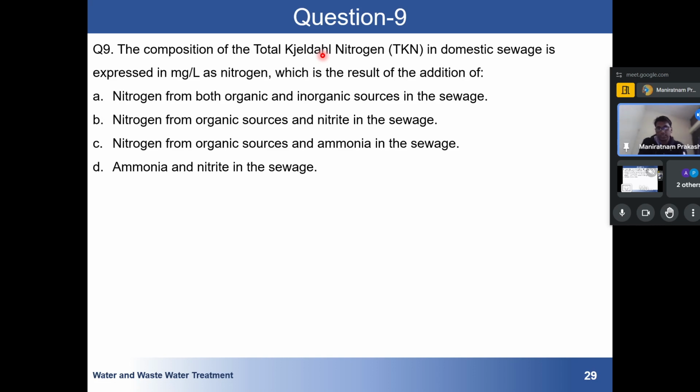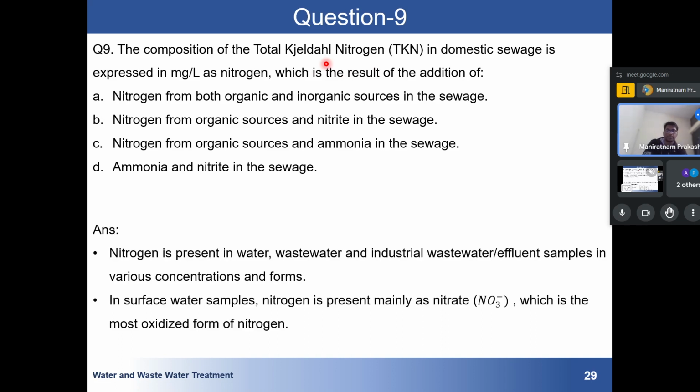In that tube this experiment is done. That's why the name is total Kjeldahl nitrogen. The question now is, can this Kjeldahl nitrogen measure all the nitrogen present in the system, all forms of nitrogen? No, it can measure only two forms of nitrogen present in the system. So I will explain one by one.